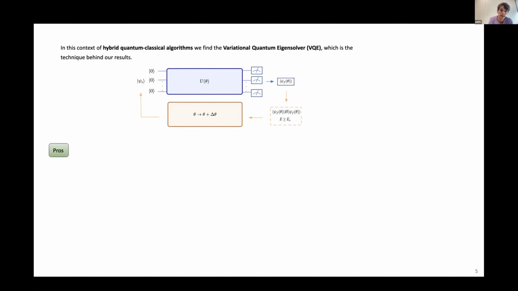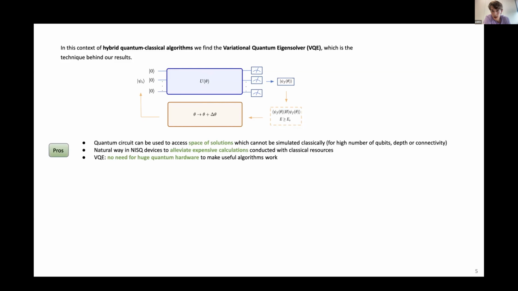This, of course, has certain advantages. You can, for example, explore a big space of solutions which cannot be simulated classically, mainly when we have bigger quantum circuits. We will be able to release algorithms which rely on, for example, correlations between qubits that you can simply not simulate classically.